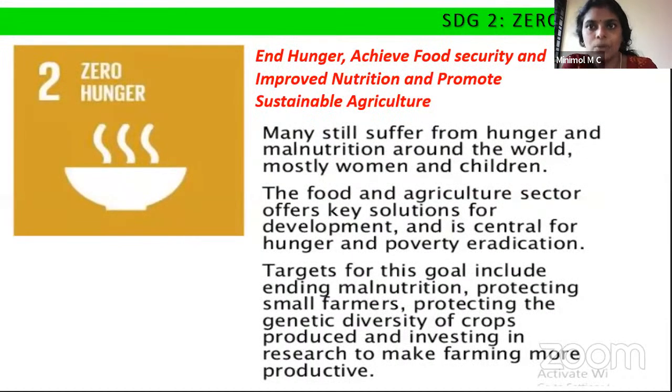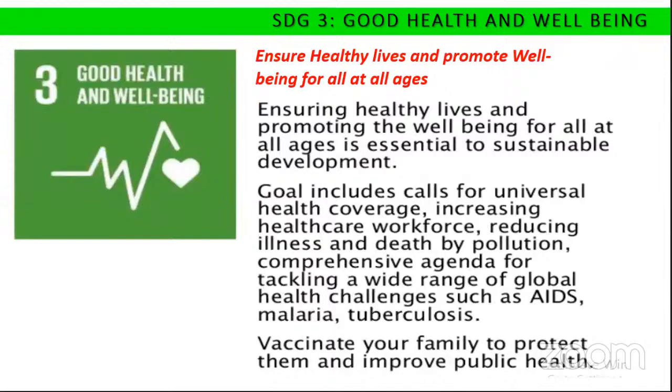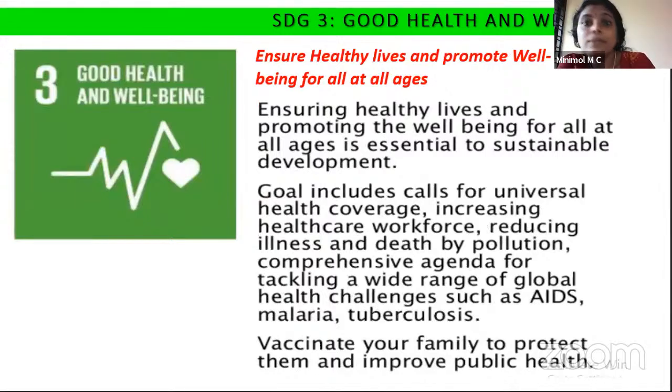Coming to the second goal, that is zero hunger, it basically aims to end hunger, achieve food security, and improve nutrition and promote sustainable agriculture. SDG 3, good health and well-being. The aim of this goal is to ensure healthy lives for all and also to promote the well-being of all at all ages in the world.